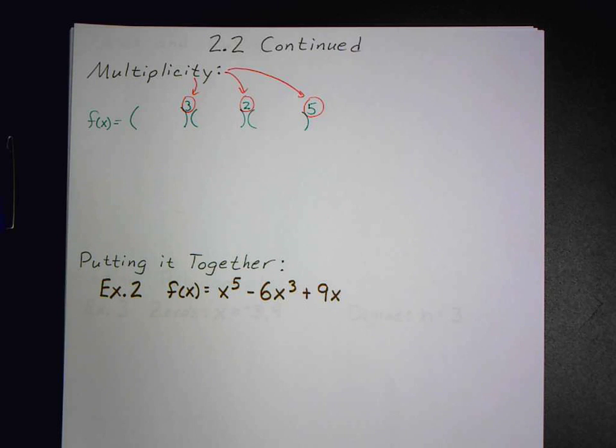Now, the multiplicity of a 0 tells you what happens when it occurs.